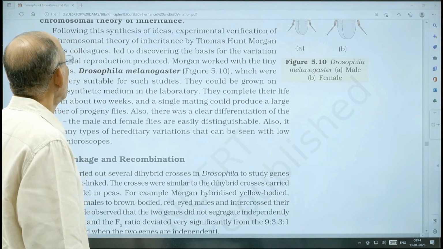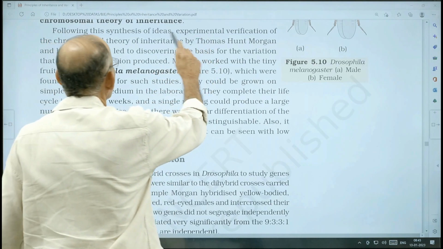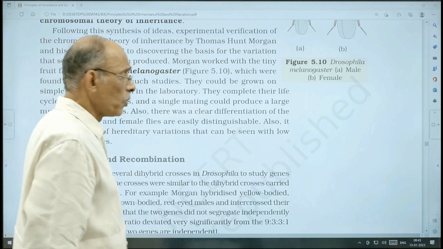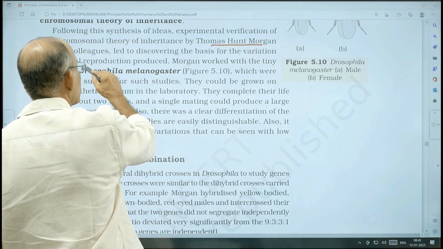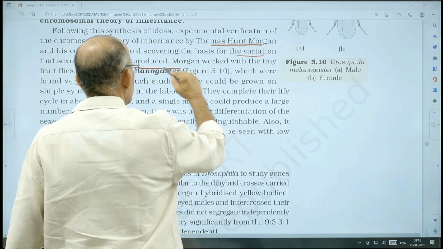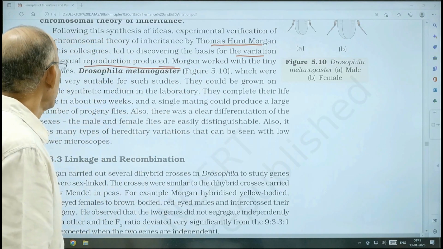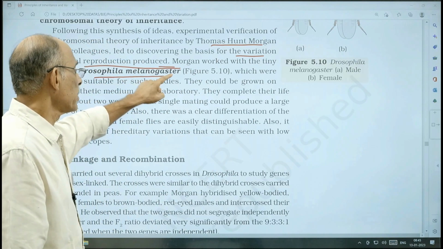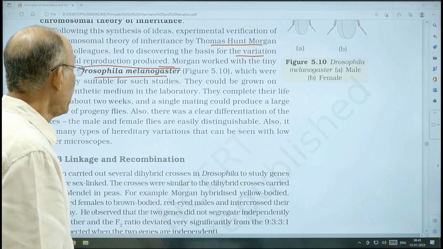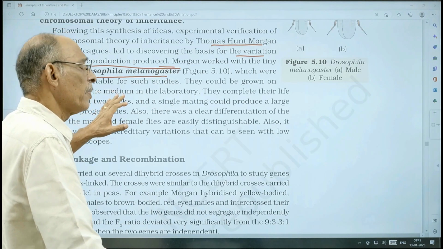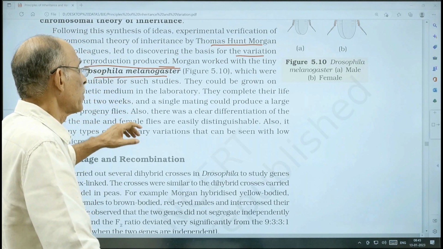Following this idea, now Morgan's work, Thomas Hunt Morgan, on how variation is produced during sexual reproduction. Drosophila melanogaster was introduced into genetics by Morgan for the first time.